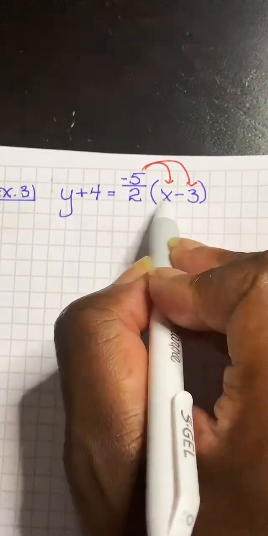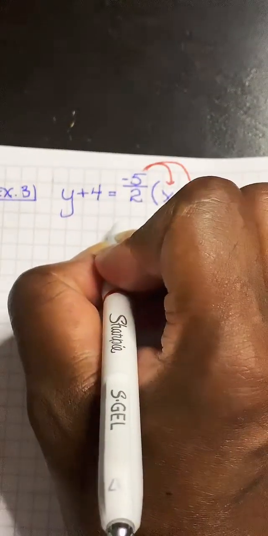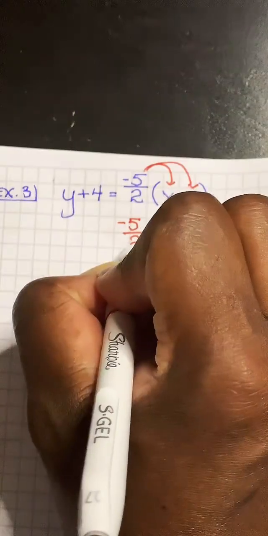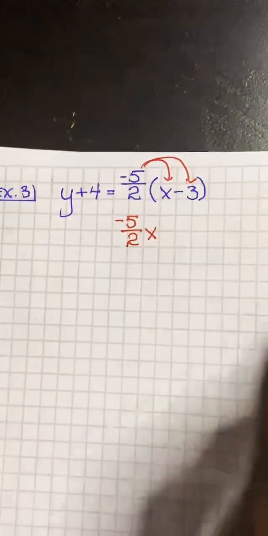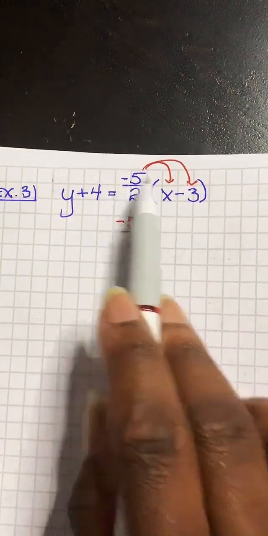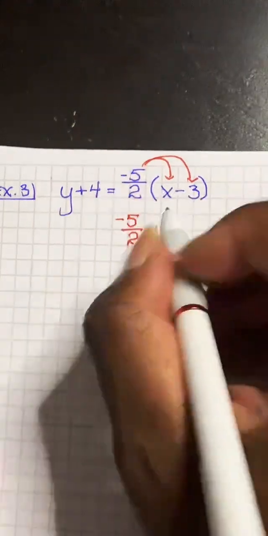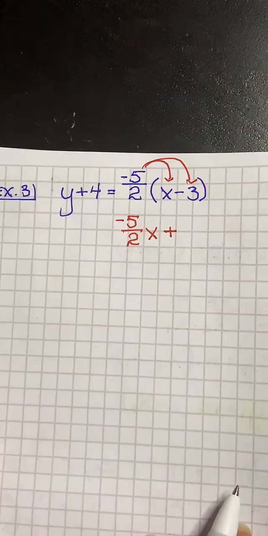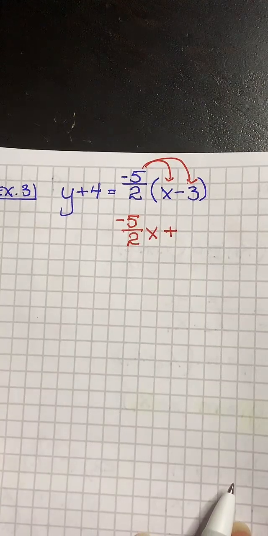Negative 5/2 times x will give me negative 5/2 x. Now, a negative times a negative will give us a positive. It's okay. Breathe, Angel. Breathe.